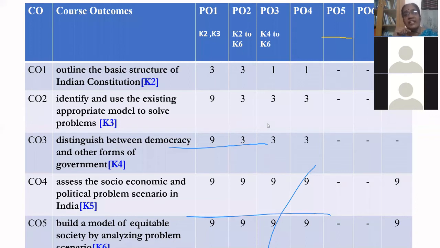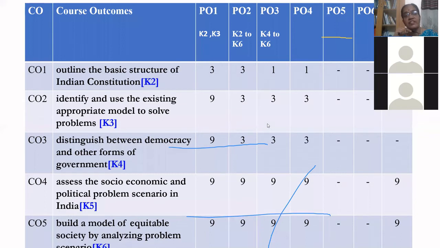So this is understanding level, but PO1 is addressing K2 as well as K3. So depending on the concept you are going to give as a course teacher, you have to decide whether you can give 1 or 3. But you cannot give a maximum of 9 just because they don't have sufficient knowledge in order to apply that K3. So if it is K3, you can give full 9.